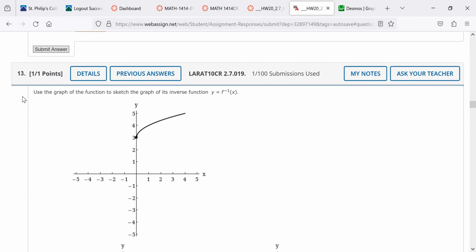So y equals x is right here. So picture yourself folding it over to the other side, reflecting it.